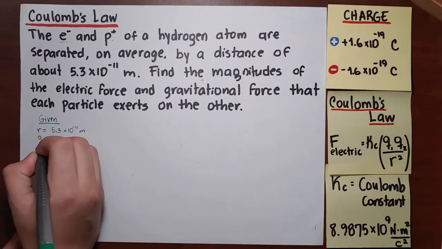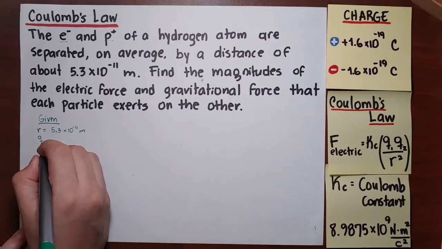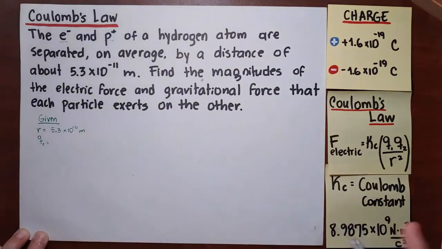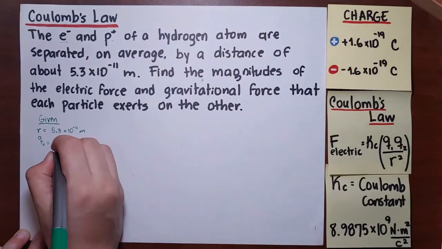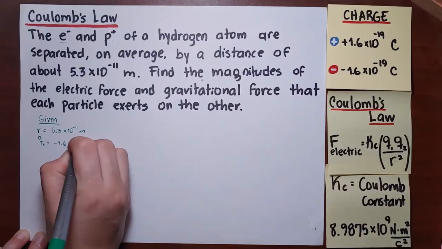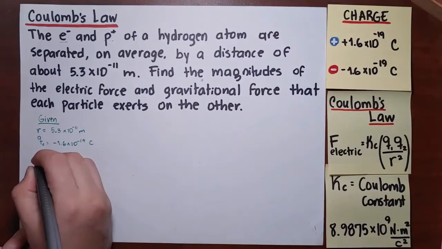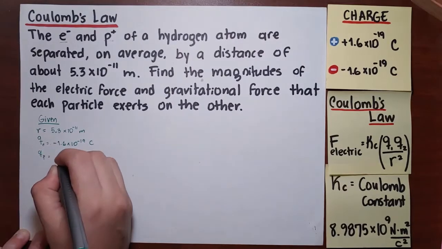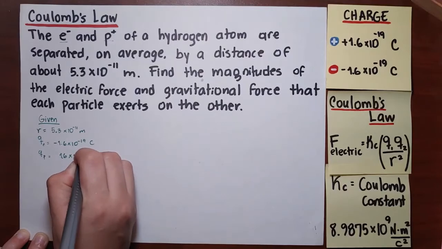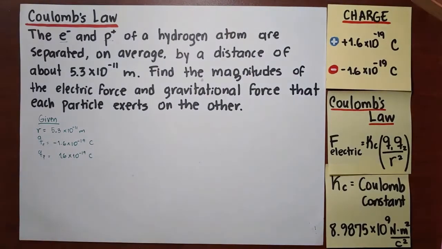So the charge of the electron, which is the negative one, is going to be negative 1.6 times 10 to the negative 19 coulombs, and the charge of the proton is the same value but positive. This is what you have as a given, and we need to get the electric force.